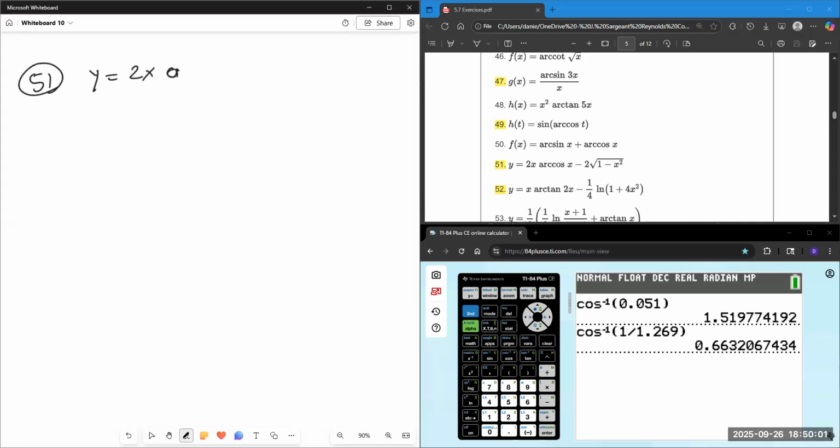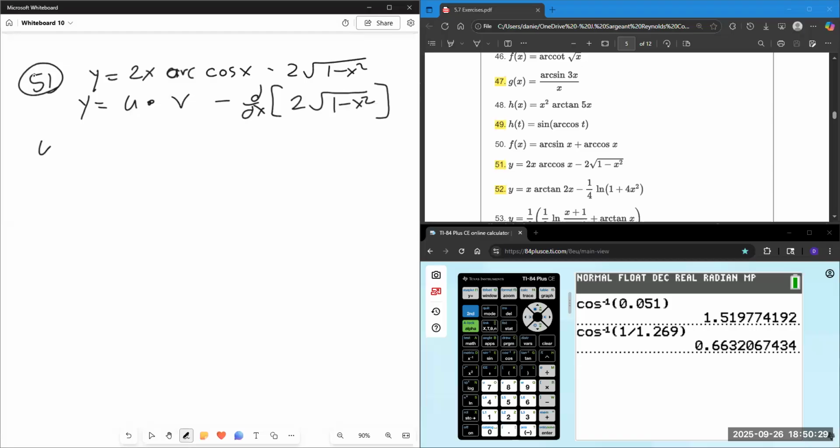So we have u times v minus the derivative of the second piece, which I'll get to in a minute, where u is equal to 2x, v is equal to arc cosine of x, u prime is 2, v prime is a negative 1 over root 1 minus x squared.